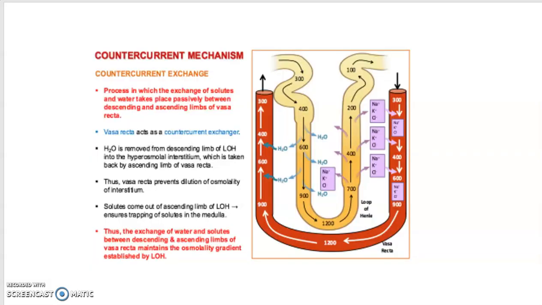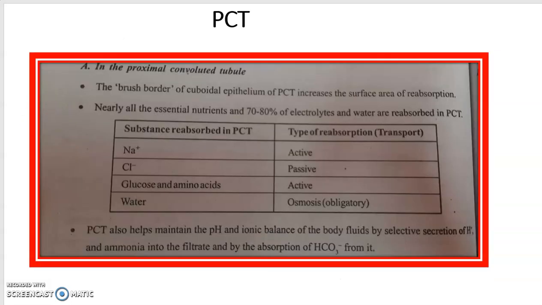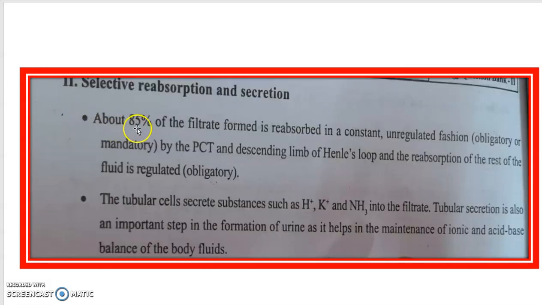Look at this one. 85% of the filtrate formed is reabsorbed. I will show you here. This is a glomerulus. The filtrate is formed here in the lumen of the Bowman's capsule. As the filtrate passes down here, some of the useful substances are reabsorbed. How much reabsorption? About 85% of the filtrate is reabsorbed.